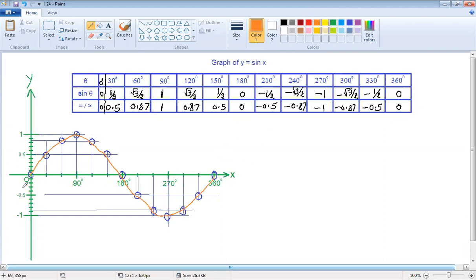Or if we represent the angle by the variable x and the value of the sine by y, then we have drawn the graph of y is equal to sine x. So in this form, the displacement of that point M, which is performing the simple harmonic motion, is there. Is that clear?